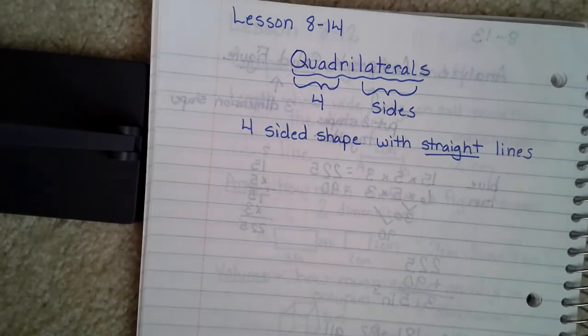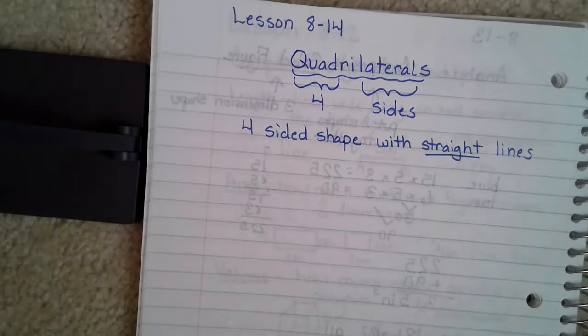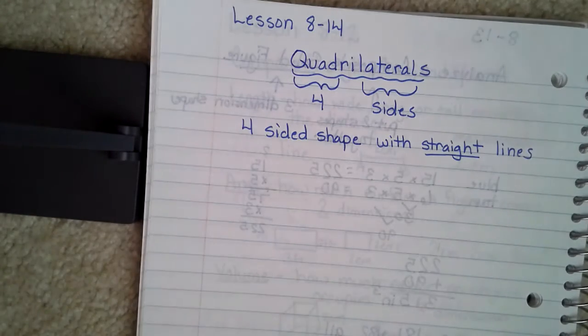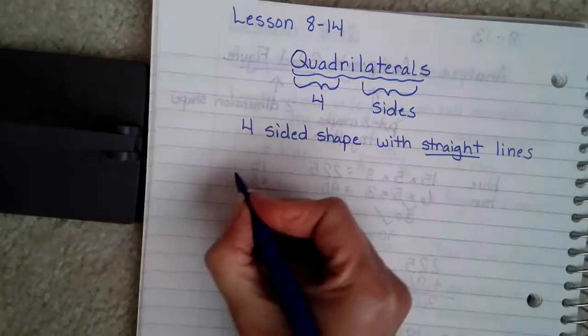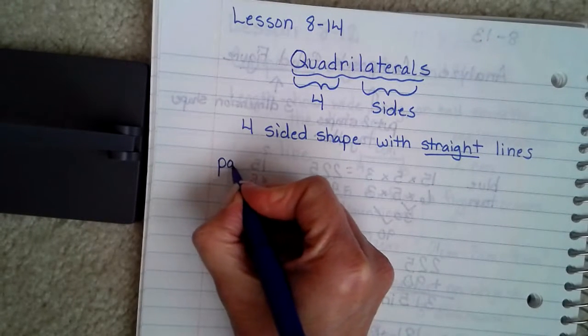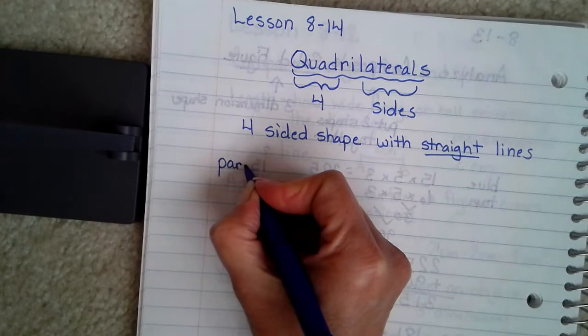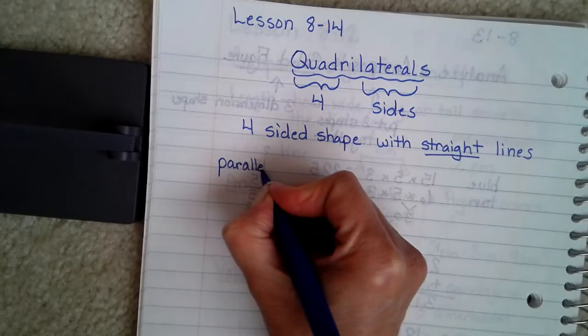So different types of quadrilaterals that you know. Some of them you may be very familiar with, and some of them you may never have heard of, or you've heard of it, but you're not sure what they really are. So let's see, we've got parallelograms.